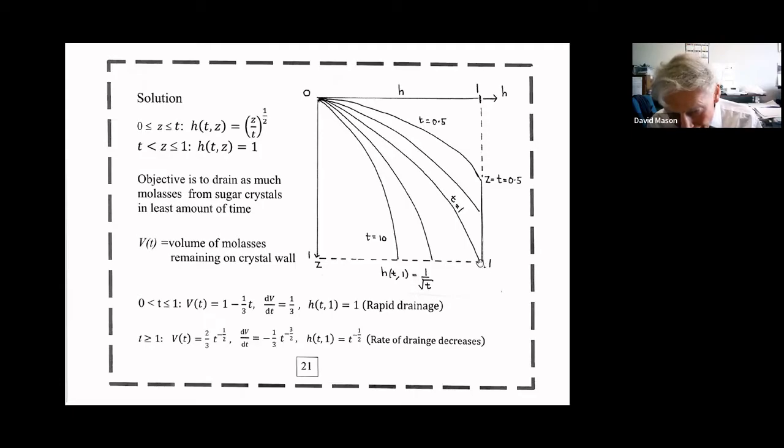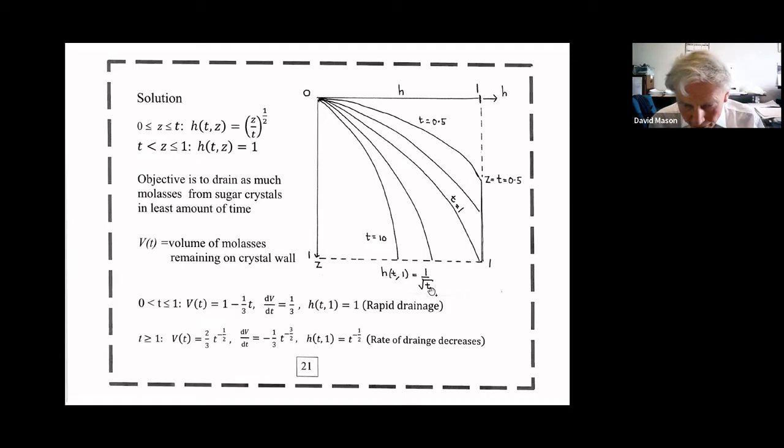Then it'll start draining further, and a space will occur at the edge of the centrifuge. And then it'll gradually get thinner and thinner. The main problem is that this moves quite quickly till here, and then relatively slowly from here.